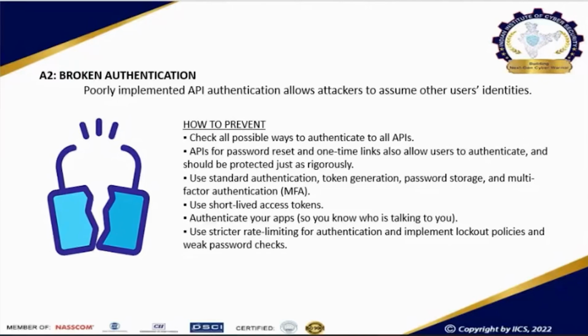This is poorly implemented API authentication that allows an attacker to assume other user identities. Put in easy language, a brute force attack can be done here and we will get logged in as other users. How we can do that, we will see in our next lab.